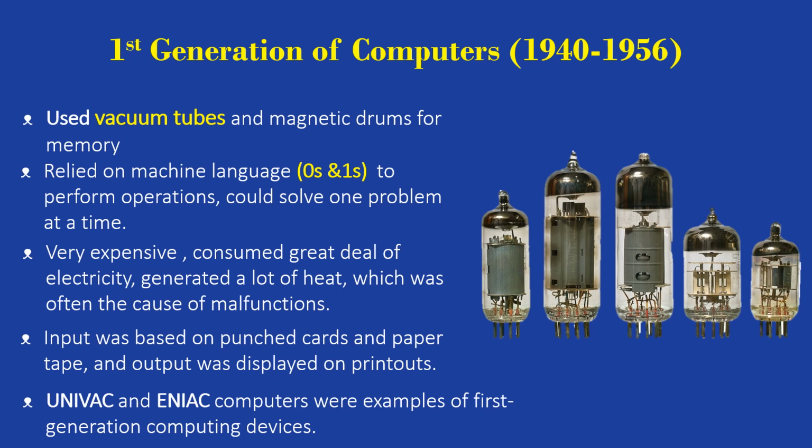Input was based on punch cards and paper tape. Output came out on printouts. The notable machines of this period were UNIVAC and ENIAC. UNIVAC is the first commercial computer. They were very expensive, very large, and consumed lots of electricity and also produced a lot of heat.